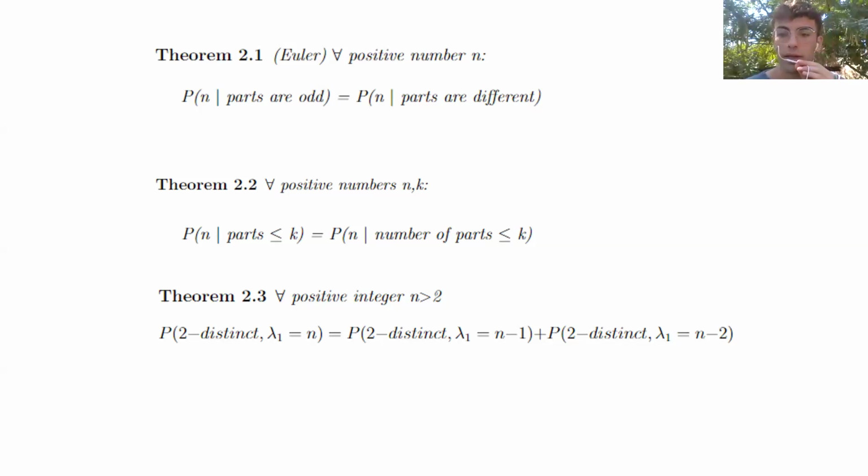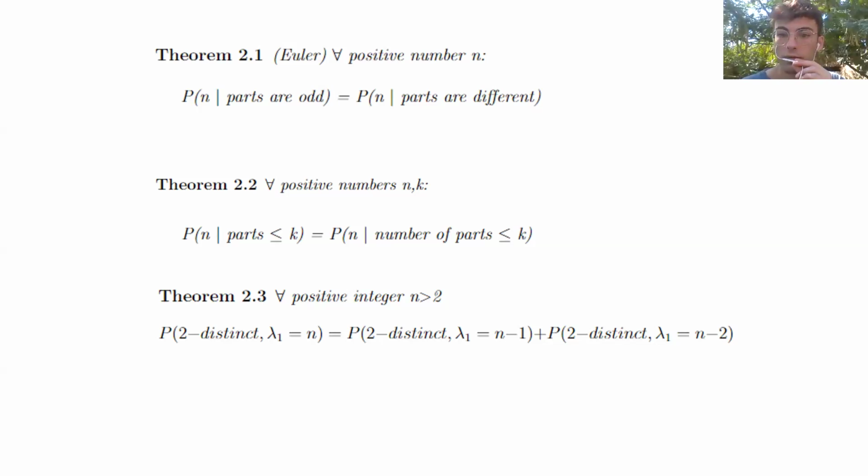The proof is based on this idea. Take a partition that satisfies the condition on the right-hand side. Parts are different. Look at the parts, and if one is even, just divide it into 2 parts. For example, one part is 4.